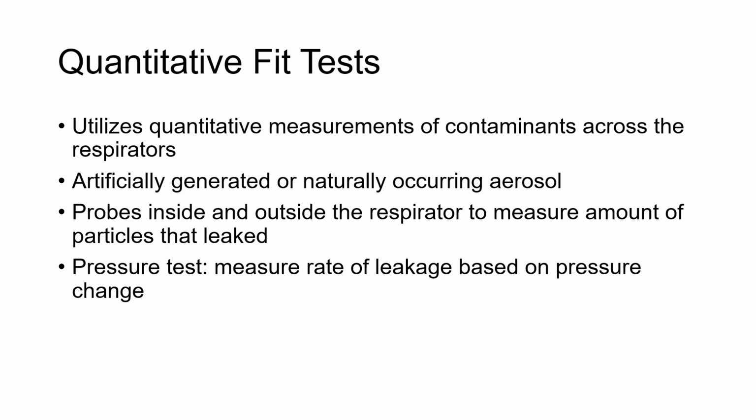So they can tell how many particles are on the outside and how many are on the inside, which gives them an idea of how many particles were able to cross through or leak into the face area in the respirator. You can also do a pressure test where you measure the rate of leakage based on pressure change. These are ways that a person can and should do their fit tests to ensure that their respirators are properly fitted and actually going to work properly.